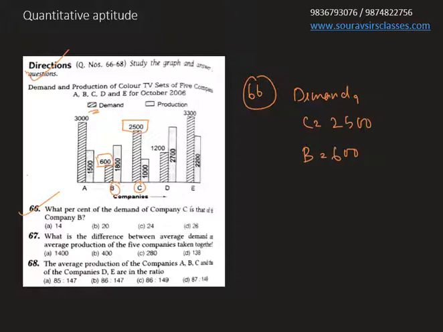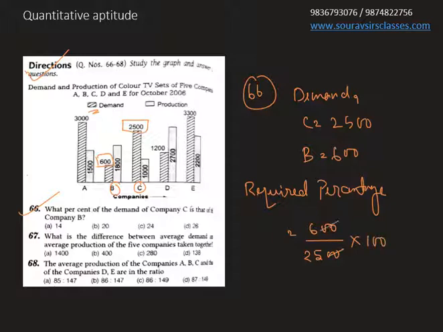Therefore our required percentage is 600 divided by 2500 into 100. That means 24%. Hence option C is the correct answer. Now let's see the next question.